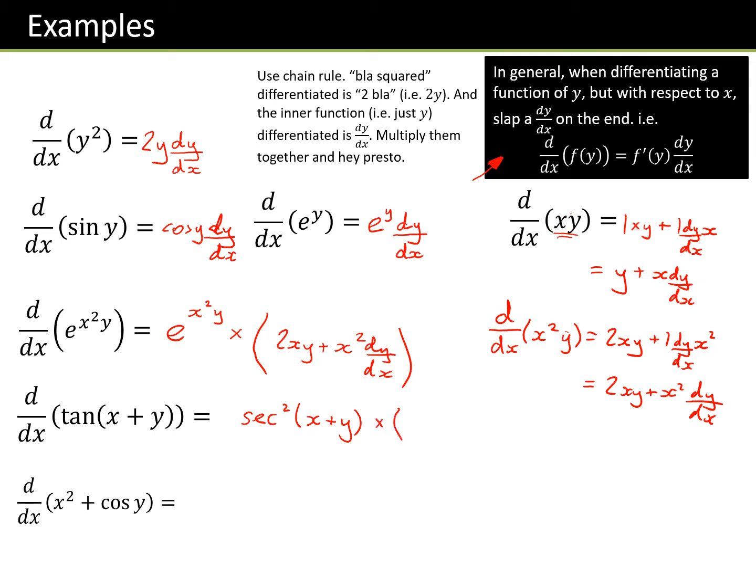So the differential of x plus y: x differentiated is 1, and y differentiated, we're differentiating with respect to x, aren't we? So y differentiated is 1, but because it's not the right letter, multiply by dy by dx. So our simplified answer is 1 plus dy by dx multiplied by sec squared of x plus y.